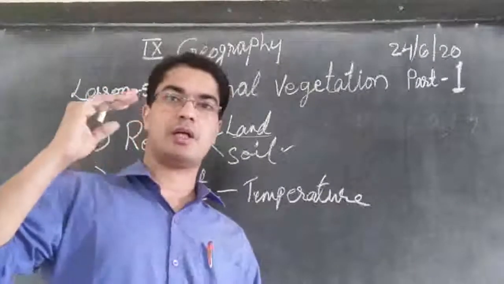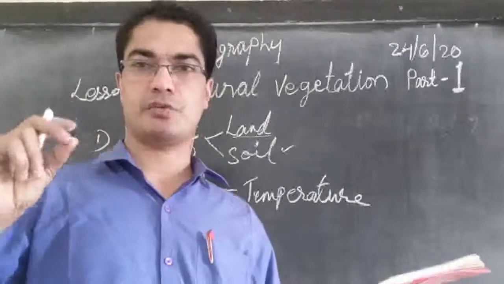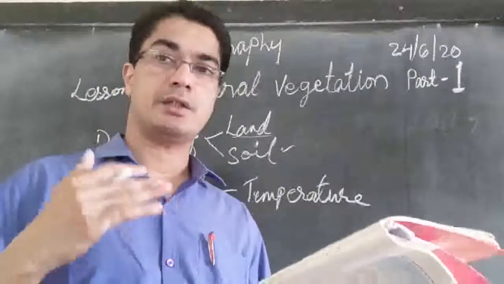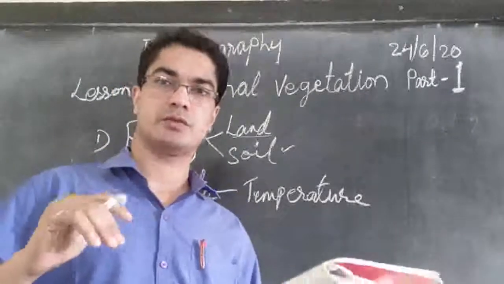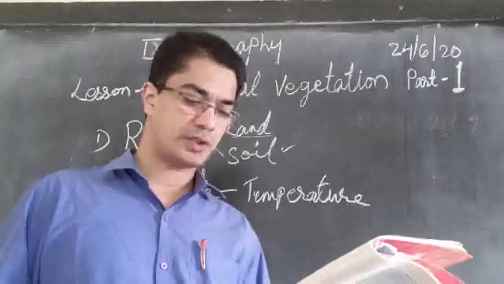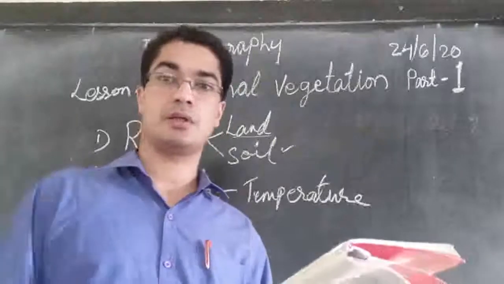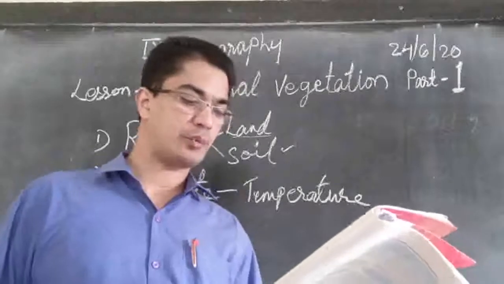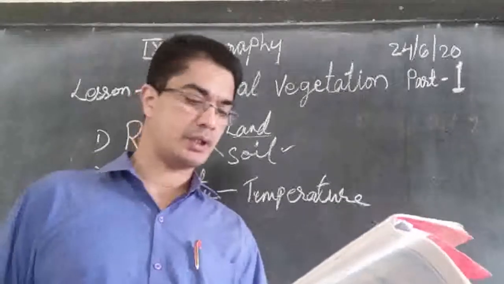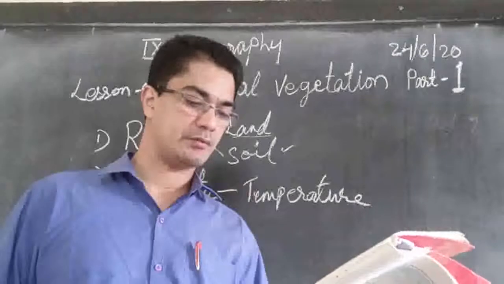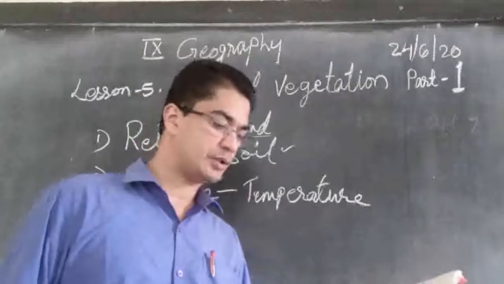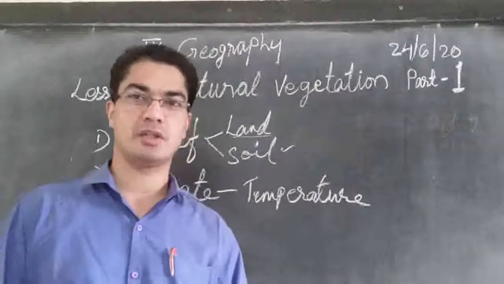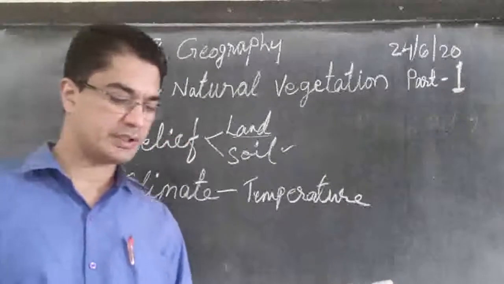So above 915 meters, the temperature is very low. Therefore, that cool temperature is affecting the growth of trees. All kinds of trees cannot grow in that cold weather. And it changes from tropical to subtropical, temperate and alpine vegetation. Alpine vegetation means the vegetation that is growing in the mountains.